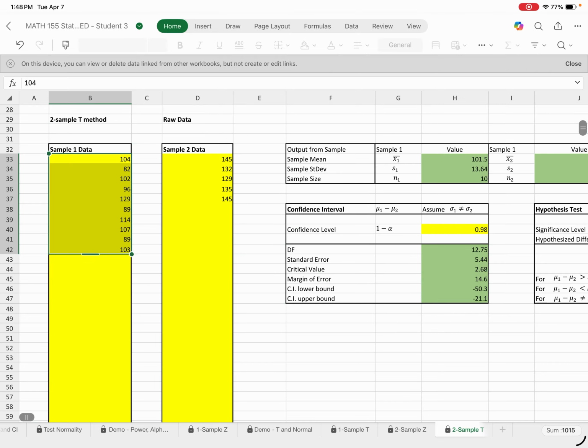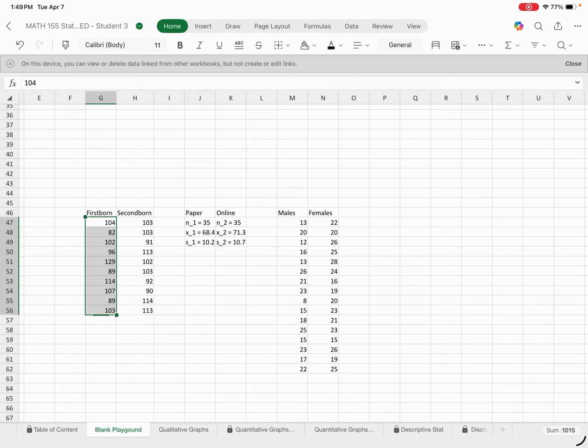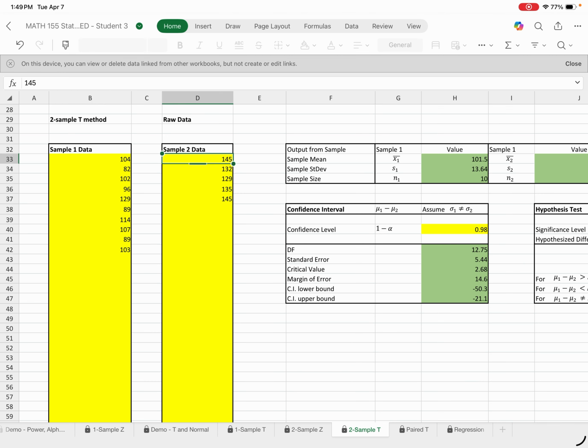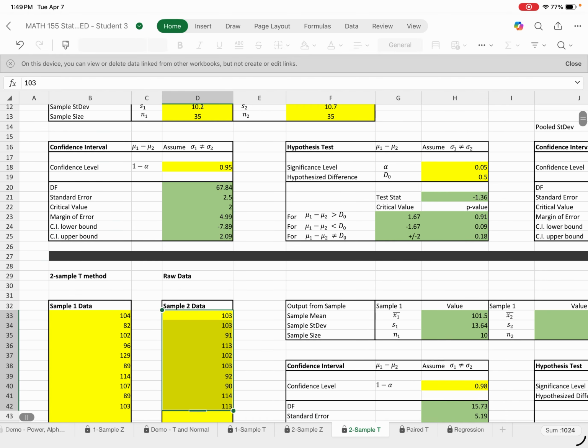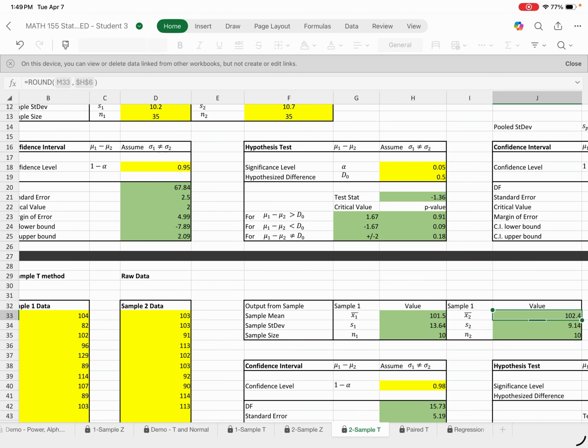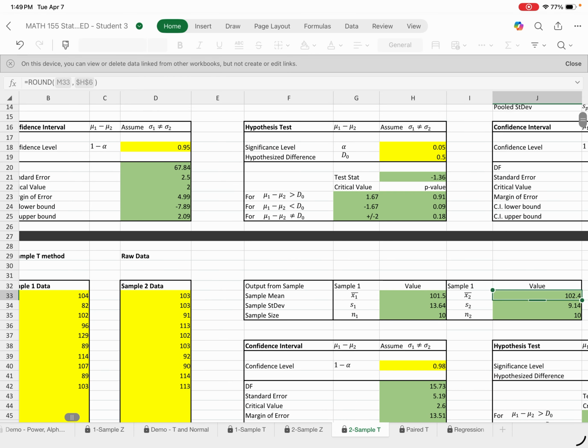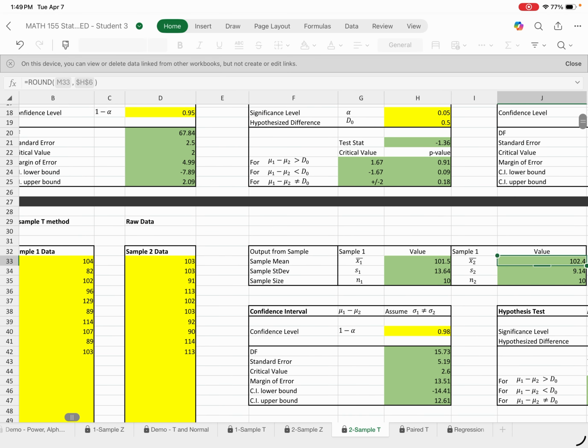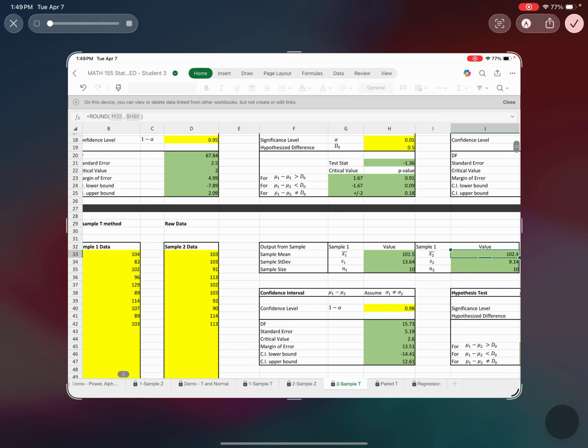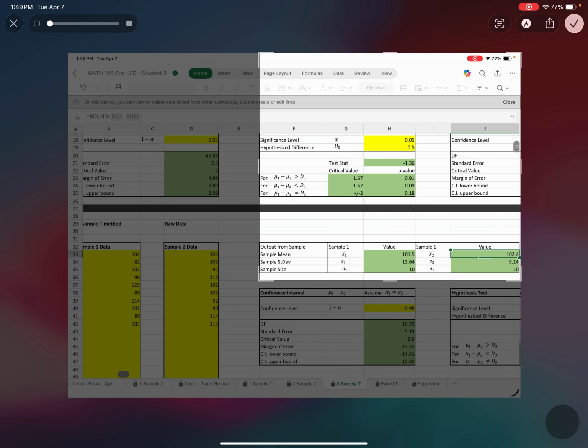And we're going to put that there. And then we'll take this secondborn data and stick that in there. And you see that we get our data, we get our summary statistics. So let's just go ahead and maybe just include this.